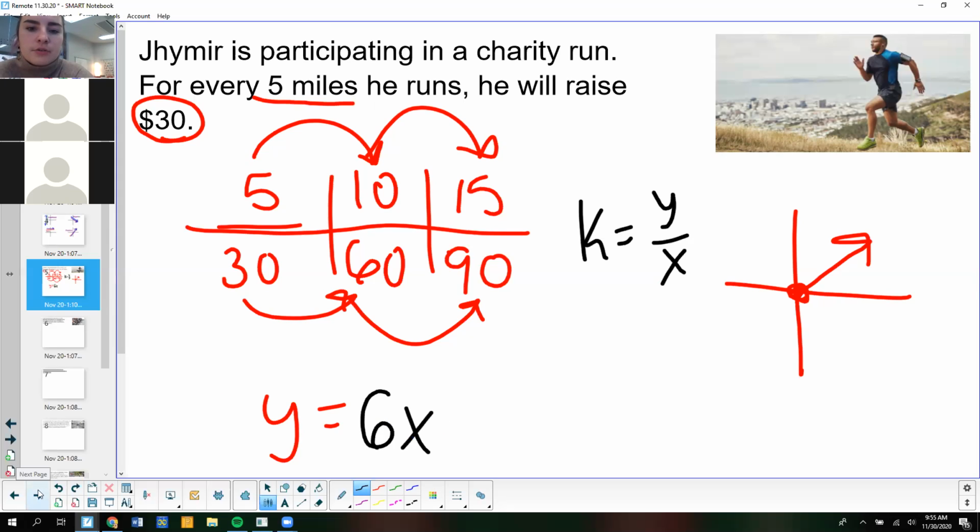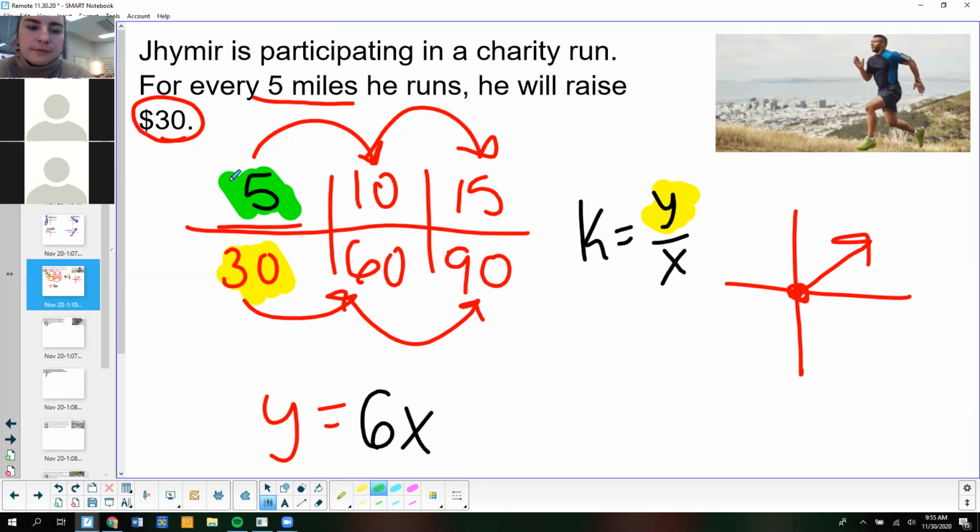And those of you who are wondering how we got that, if you were here for our proportional relationship week, this should make more sense. To find our constant of proportionality, the relationship between y and x, you take your y value divided by your x value.